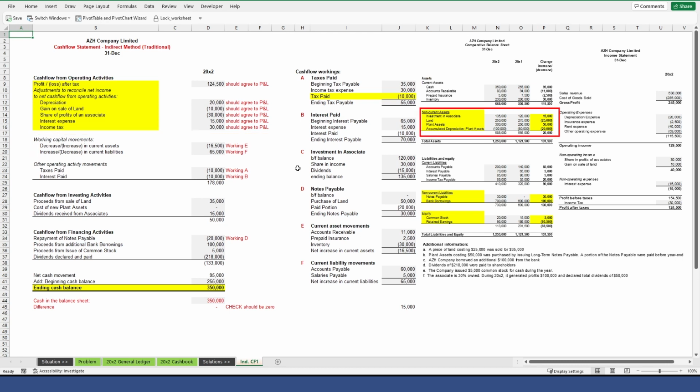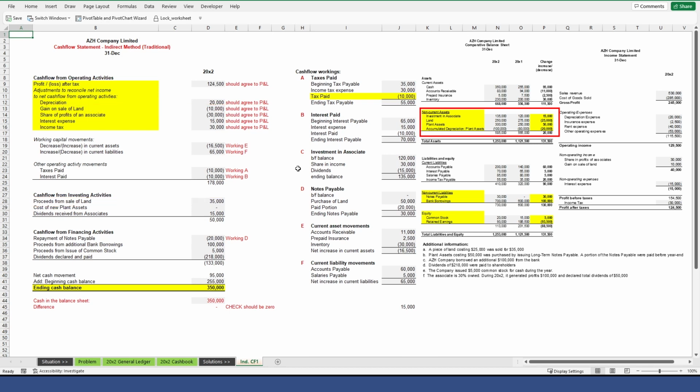The investment in associate movement of 15,000 has been accounted for in the share of profits and the dividends received. The 25,000 land has also been accounted for in the proceeds of 35,000 less the gain on sale of land of 10,000 in the operating activities.